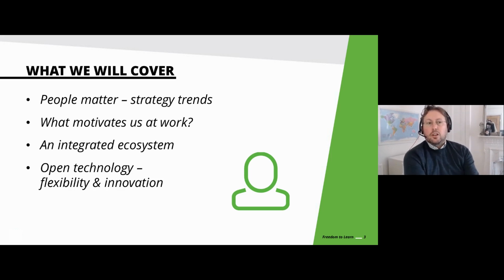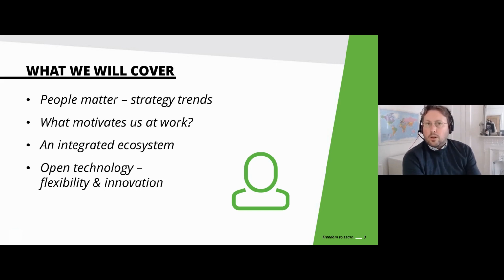So we're going to have a look at what motivates us at work and really drives the experience at work, and also the tools and technologies that really are required to help support people and to help you as leaders and supporters of getting the best out of your people. How do you do that effectively?